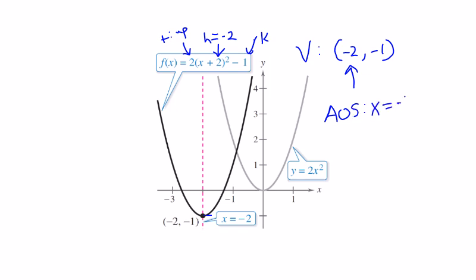Remember, to make an equation of a line, it has to be an equation. So it's not just -2, it's x equals -2 that is the axis of symmetry. So x equals h is always your axis of symmetry, and here if h is -2, then your vertical line would go through -2 on the x-axis. And that's the equation of our axis of symmetry.